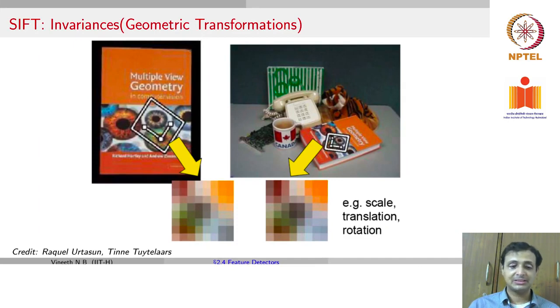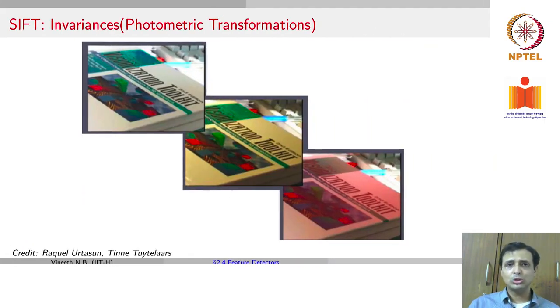Here are more examples. SIFT is fairly invariant to geometric transformations such as scale, translation, and rotation. It's also reasonably invariant to photometric transformations such as changes in color hues, because we largely rely on gradients more than the pixel intensity itself.